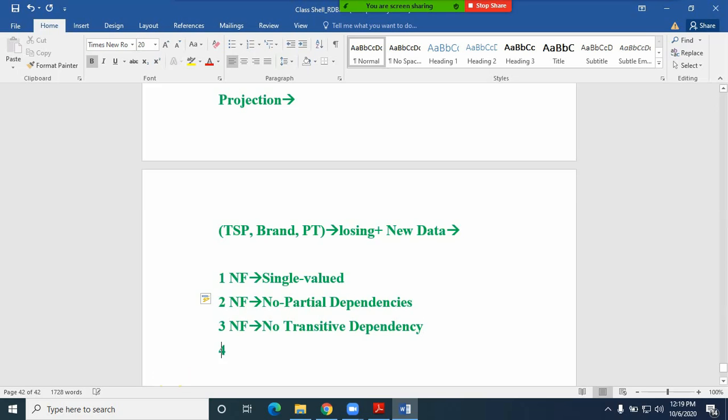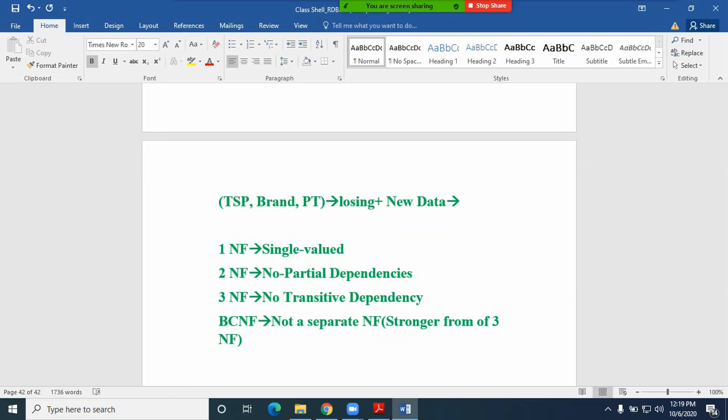And if I am referencing BCNF, this is important, friends, because this is not a separate normal form but a stronger form of 3NF. And in this BCNF, every determinant is a candidate key.